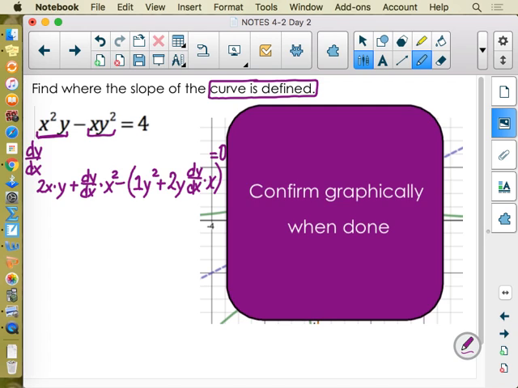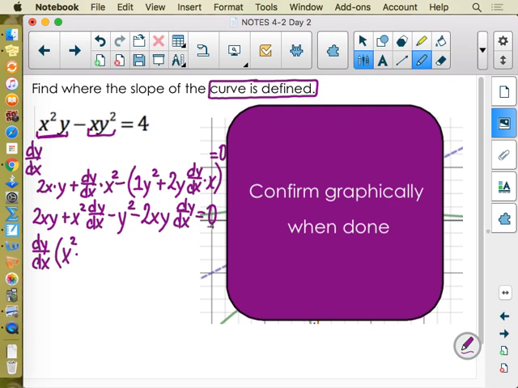So cleaning this up, I'd like to gather all my dy/dx's on one side and all my not dy/dx's on the other side, but first I want to clean this up so I can see what I actually have. x squared dy/dx, minus a y squared, minus 2xy dy/dx equals 0. So I want to keep all my dy/dx terms on one side and move everybody else to the other side.